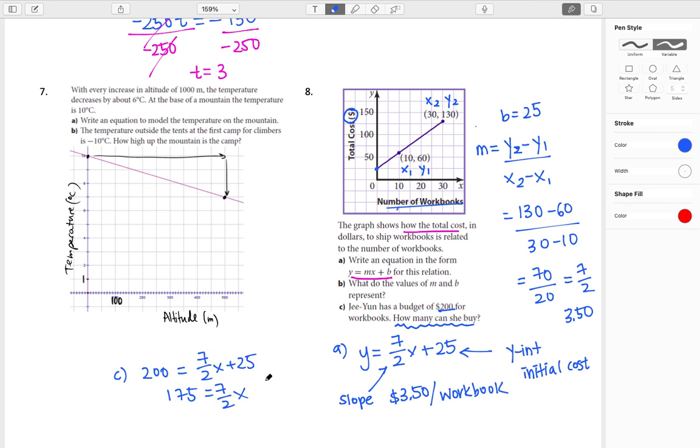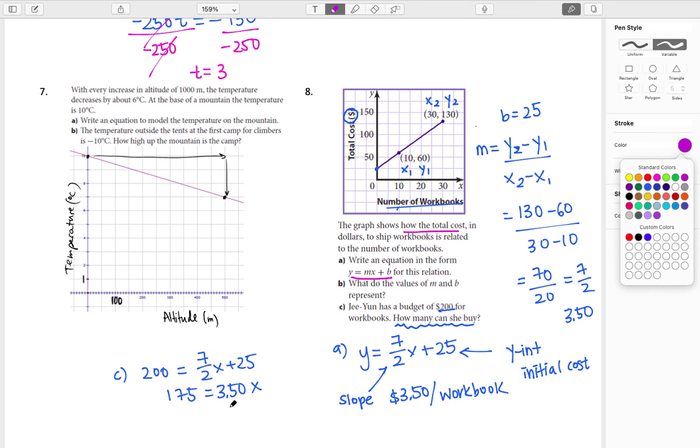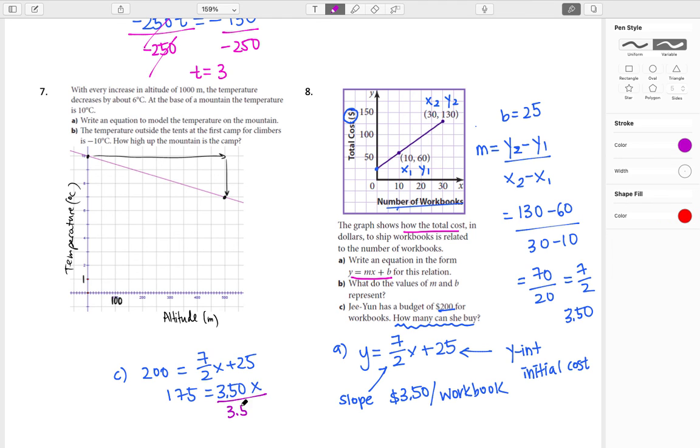If you want, you could write 7 over 2 as 3.5, just for simplicity, so that you can punch it into the calculator much more easily.